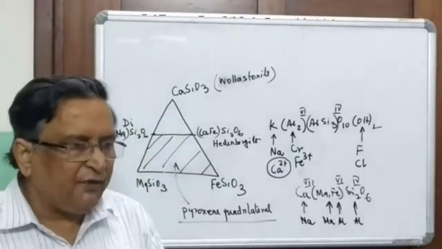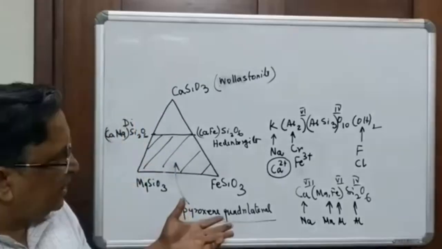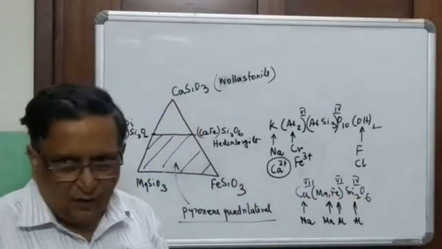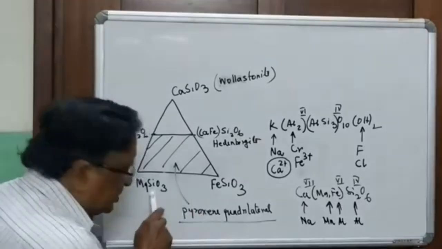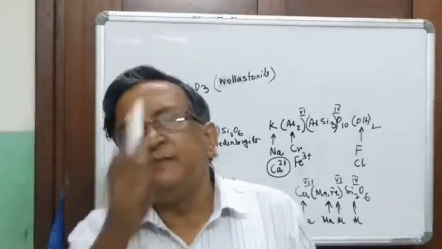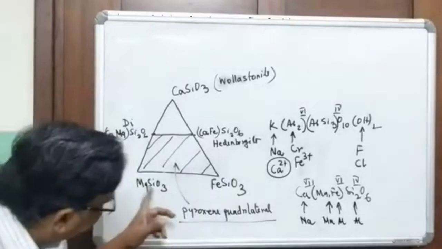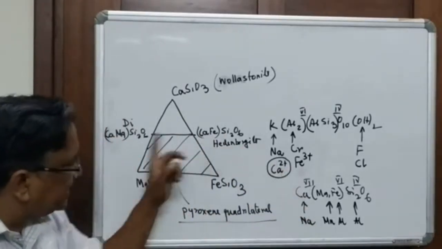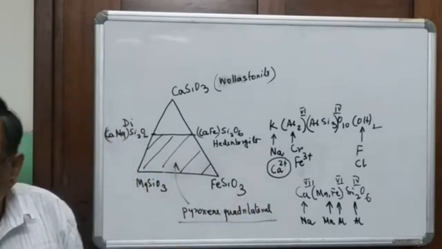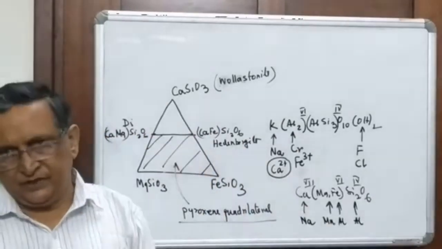But, say for example, this is an idealized formula. So if someone tells you enstatite, you will think, yes, idealized MgSiO3. But this can contain calcium, this can contain aluminium, this can contain a little bit of sodium, this can contain a lot of other elements.